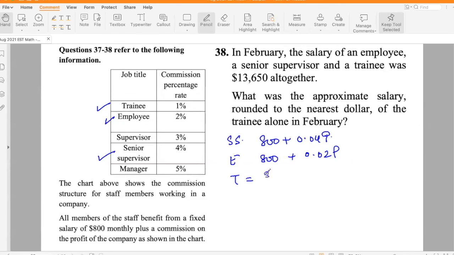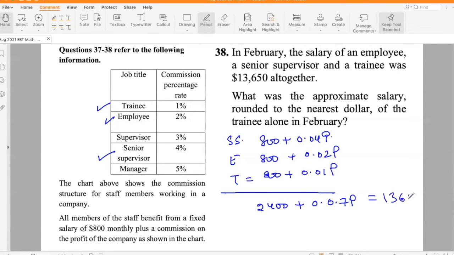And the trainee would be 800 plus 0.01 times profit, right? So the total would be 2,400 plus 0.07 times profit. And that is 13,650.